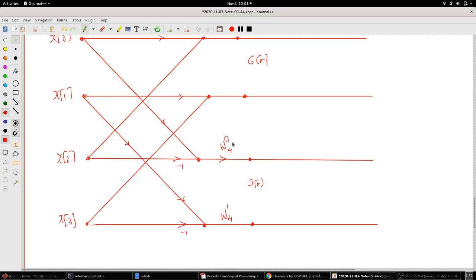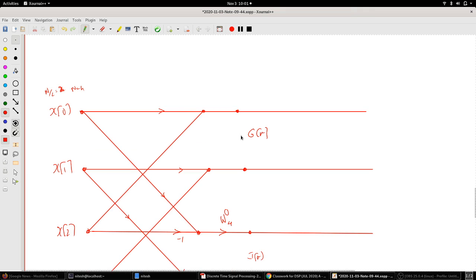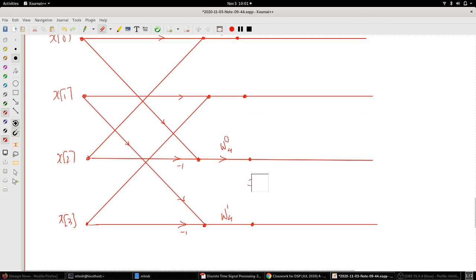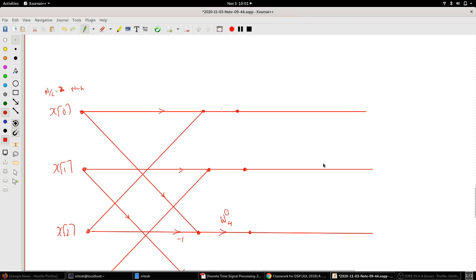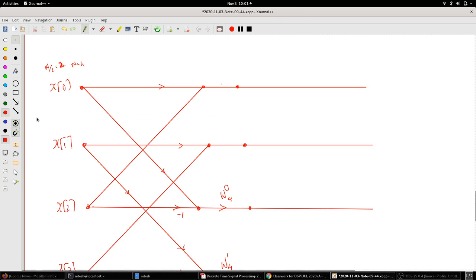Okay, now this has to be further broken down, right? So this will have to be further broken down. The g of k's and the h of k's have to be further factorized into 2-point structures. So I'll draw a 2-point structure here. So this is my 2-point structure here.